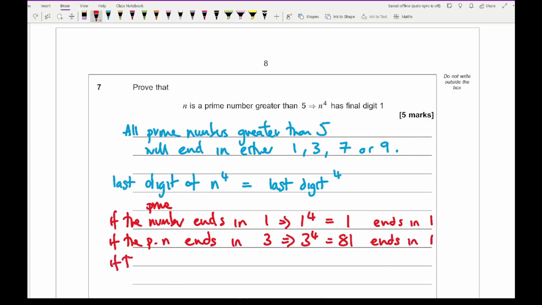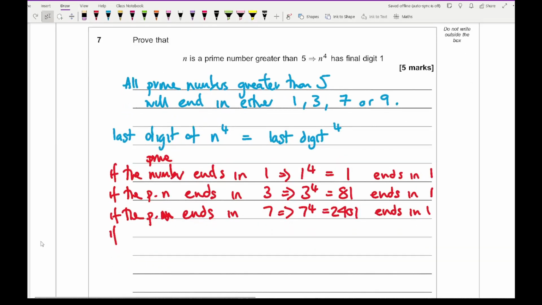Then if the prime number ends in a 7, the last digit will be 7 to the power of 4, which is 2401, which ends in 1. And then if the prime number ends in a 9, the last digit will be 9 to the power of 4, and 9 to the power of 4 is 6561, which ends in 1.